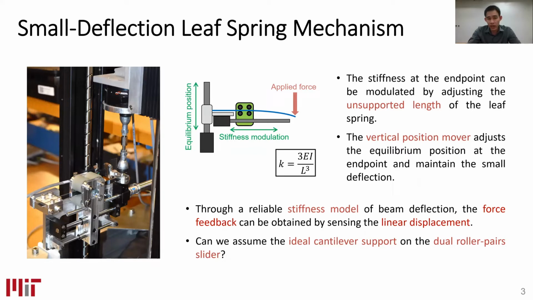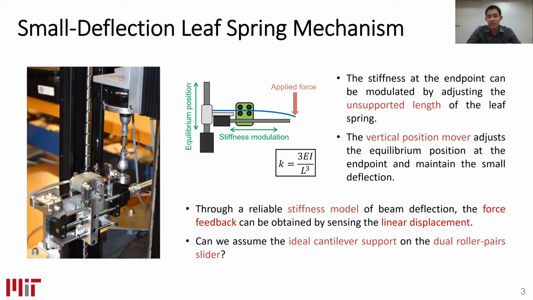We also have the equilibrium position adjuster that moves vertically. It adjusts the equilibrium at the endpoint. At the same time, another role is to maintain the small deflection at the endpoint, so that we can still use the stiffness model to relate the endpoint force to the measured deflection at the endpoint.